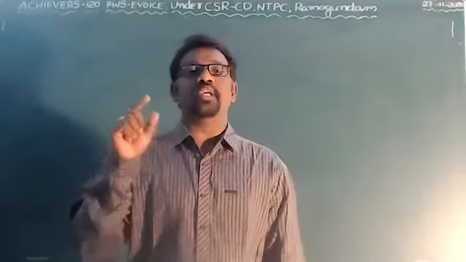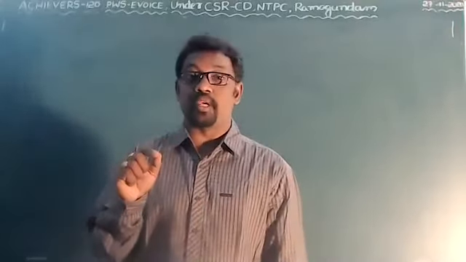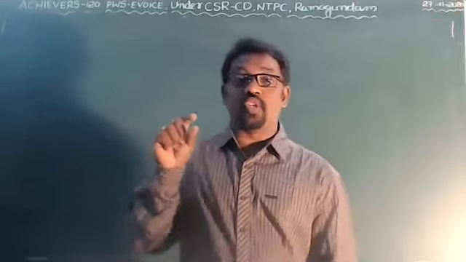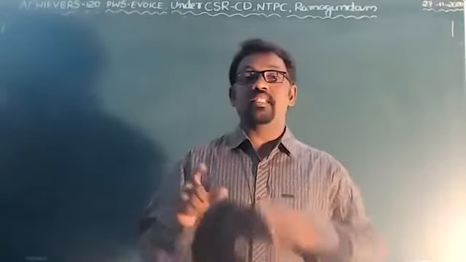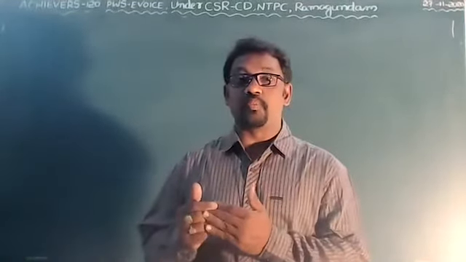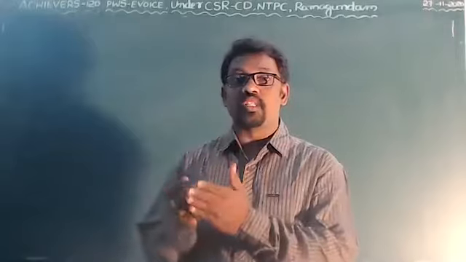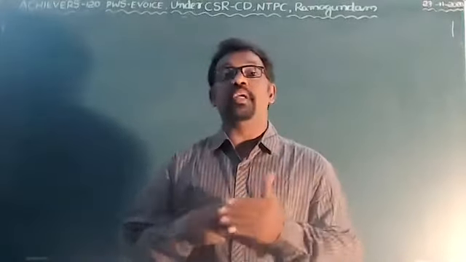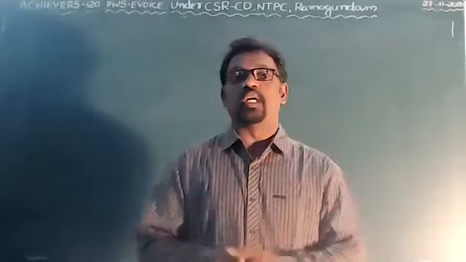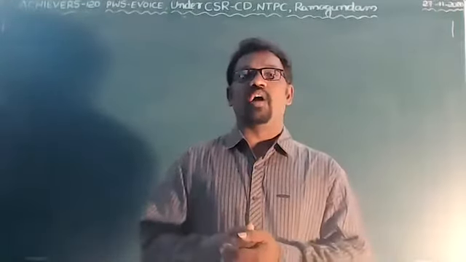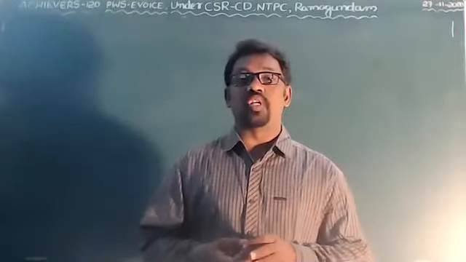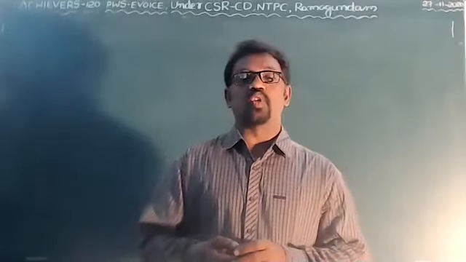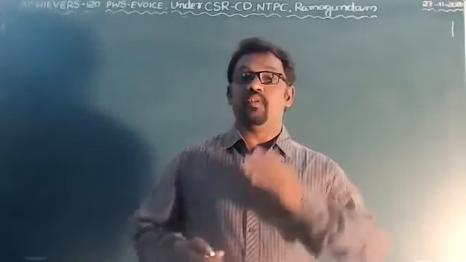Coefficients means a, b, c. We have to show that. What is the sum of the zeros, Rana? Minus b by a. Product of the zeros, c by a. We will see that.